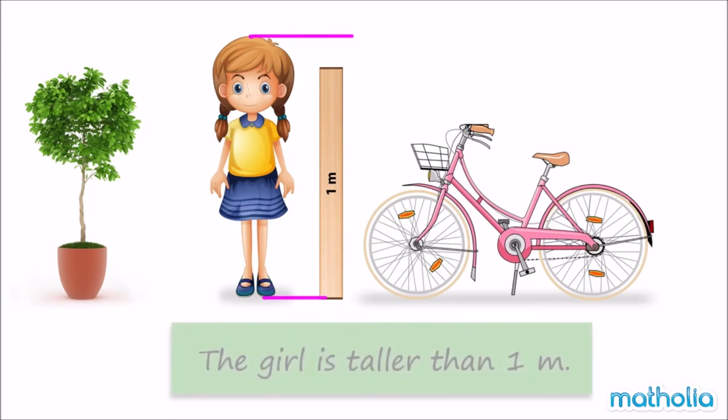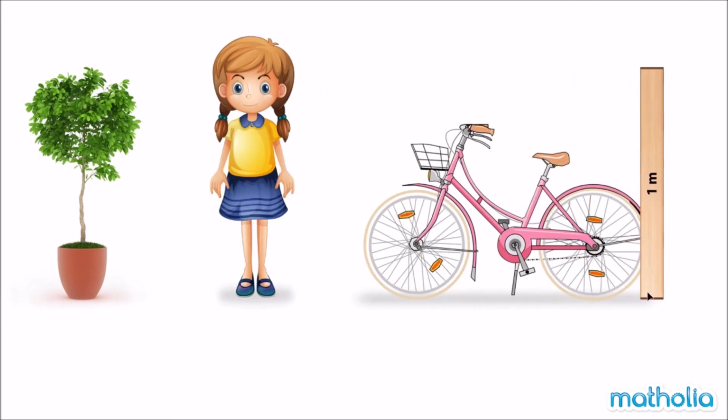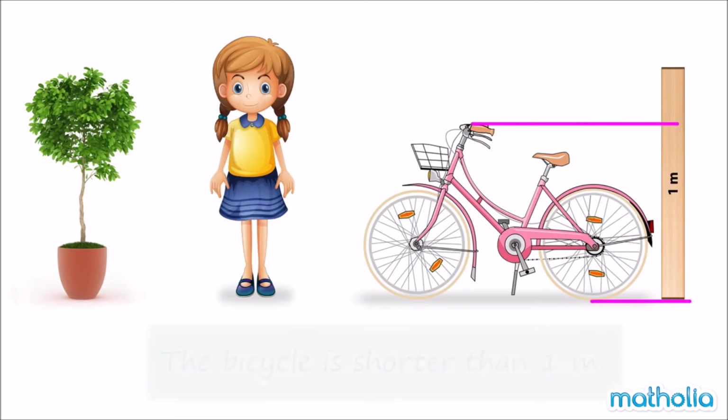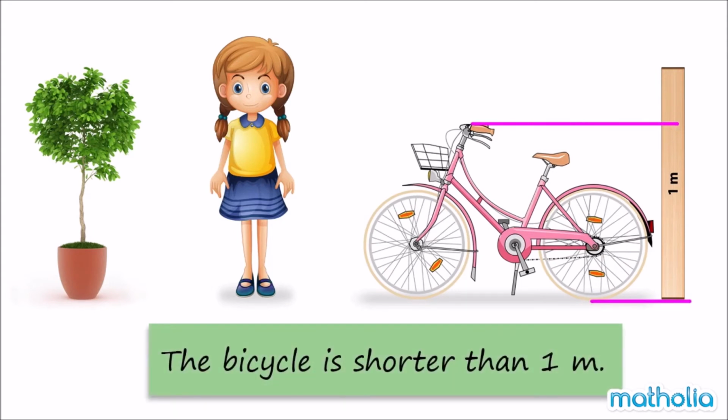The girl is taller than 1 metre. The bicycle is shorter than 1 metre.